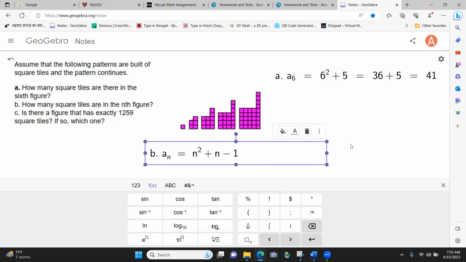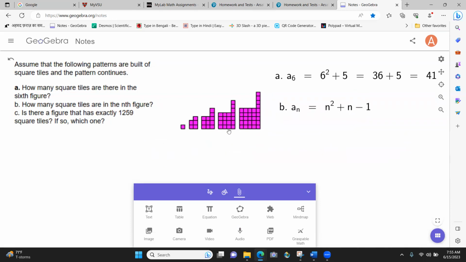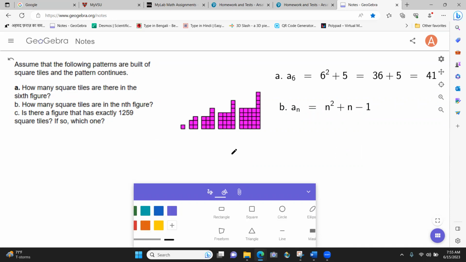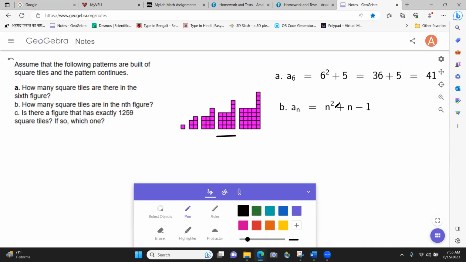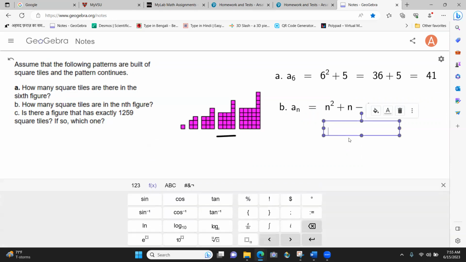A good way to check it is use your formula to find, let's say, the fourth term. This is the fourth term. According to my formula, the fourth term should be 4 squared plus 4 minus 1. 4 squared is 16, 16 minus 1 is 15, 15 plus 4 is 19.